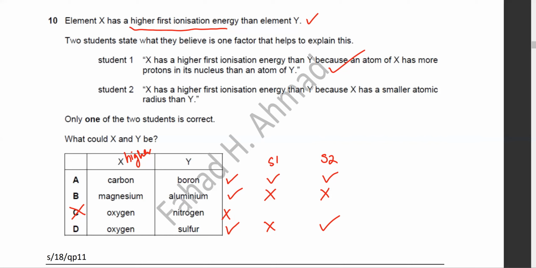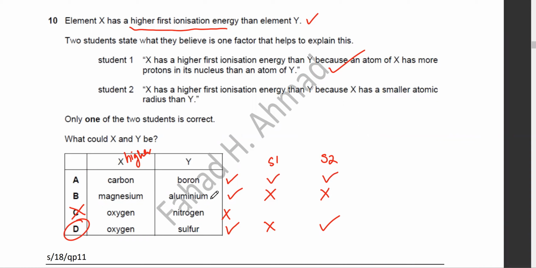So is this clear? Which student is correct and which is not? Yes. So we did the analysis of all three statements. Now the final answer is looking for the option that states that only one of the students is correct. So which is the correct option? D. It's going to be D. Because in option A, both students and the reasonings were correct.